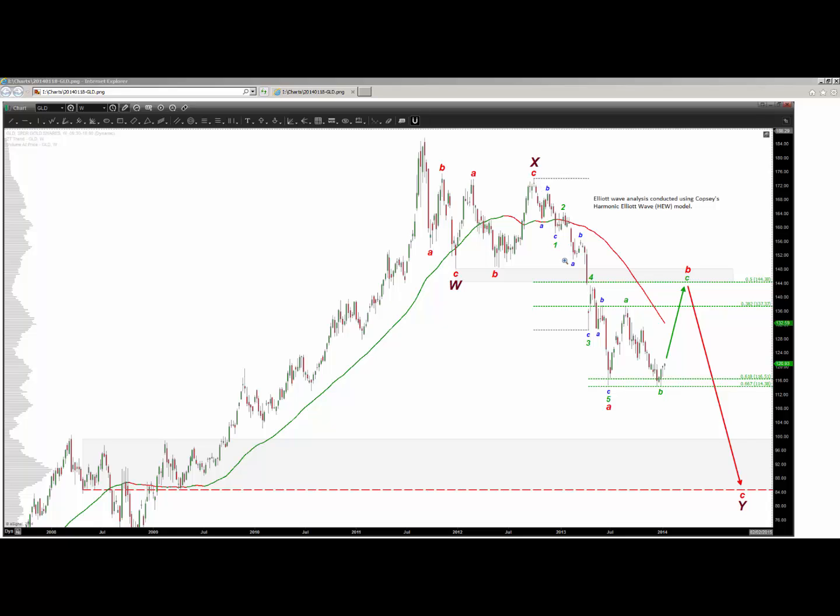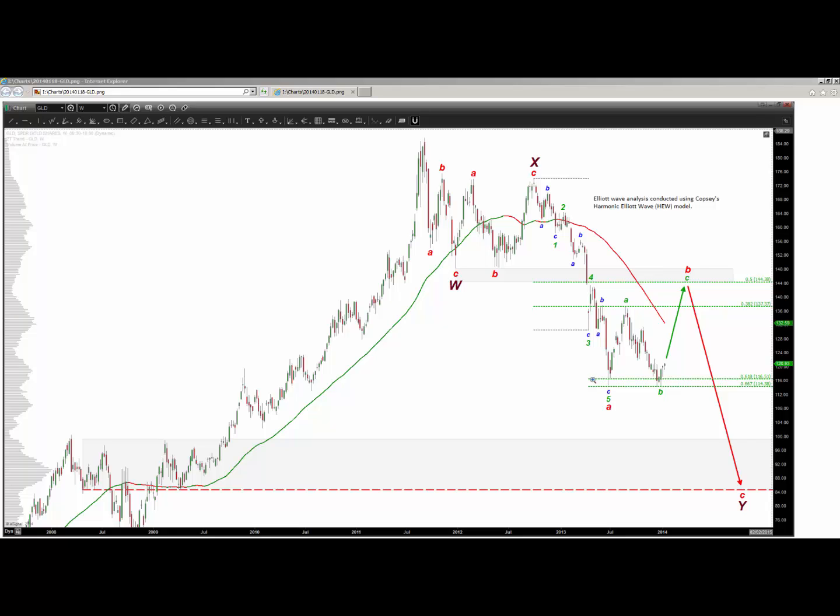For example, green wave 1, ABC in blue. Green wave 3, again, ABC. And finally, green wave 5, ABC zigzag. That's unlike the classic model in which waves 1, 3, and 5 each subdivide into 5 internal waves.